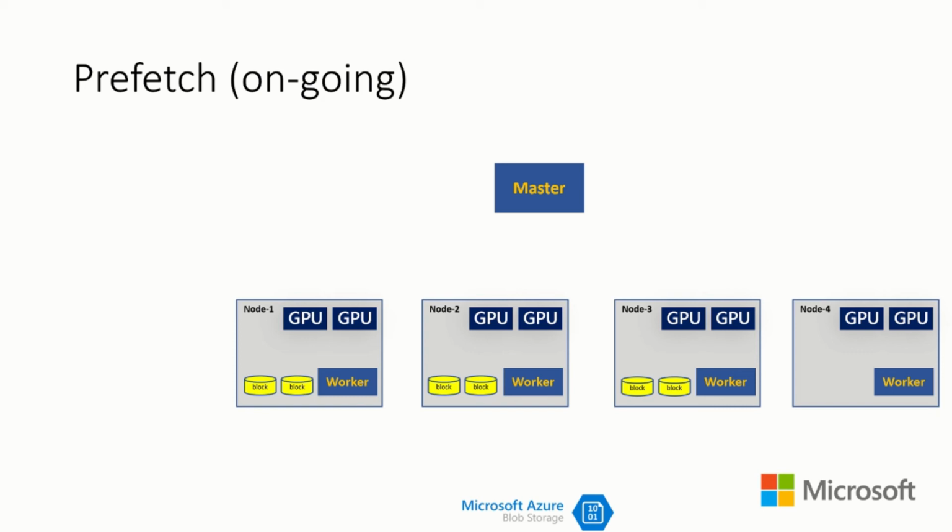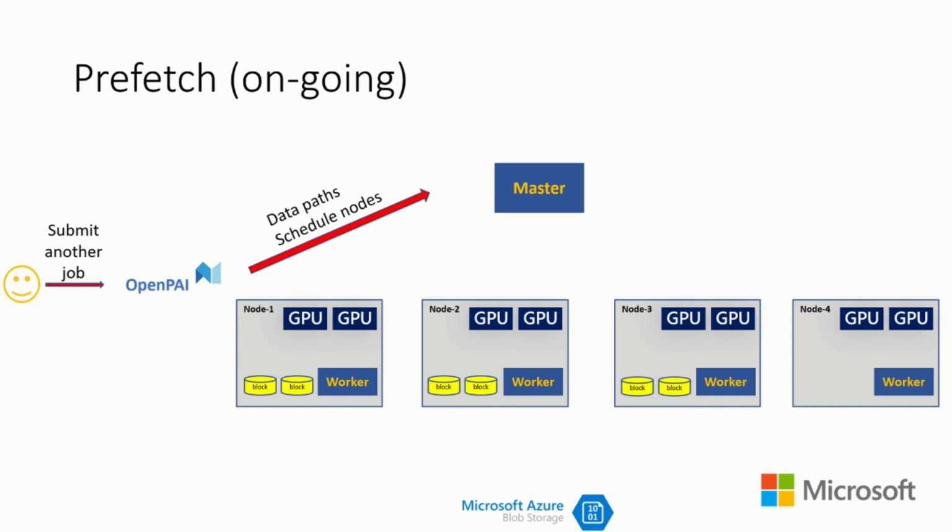I will show you the process we want to adopt. First, when a customer submits a job to OpenPAI, OpenPAI knows the job and uses its job scheduler to queue it. If there are already some tasks running on the cluster, the task needs to wait for some time. But at the same time, OpenPAI can send the prefetch command to Alluxio.